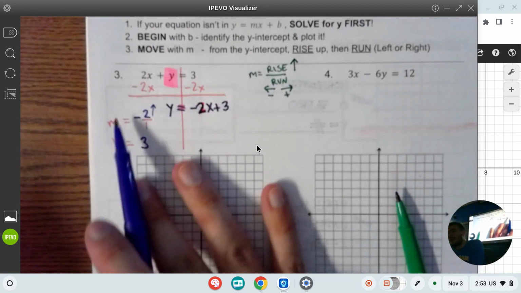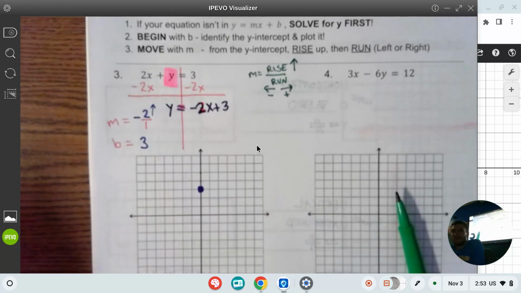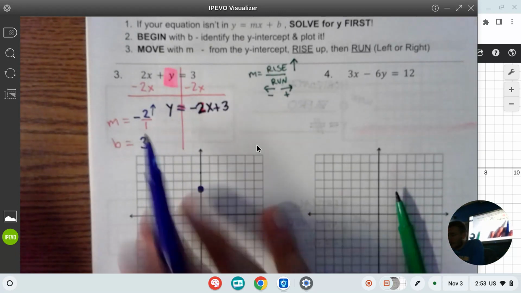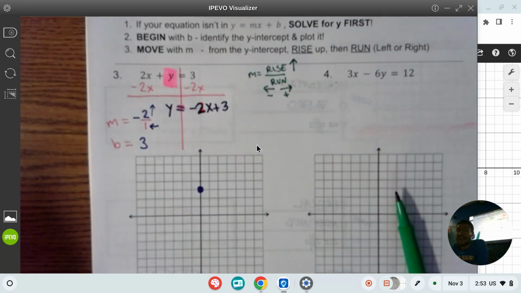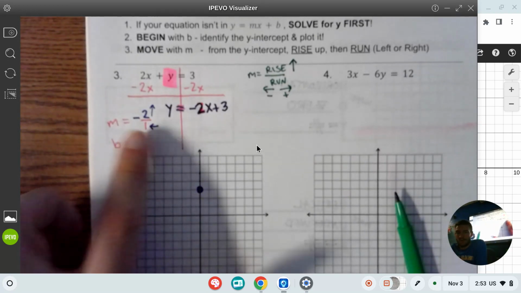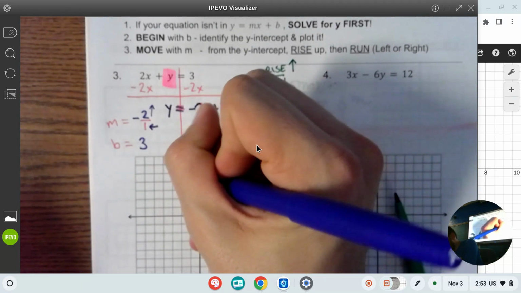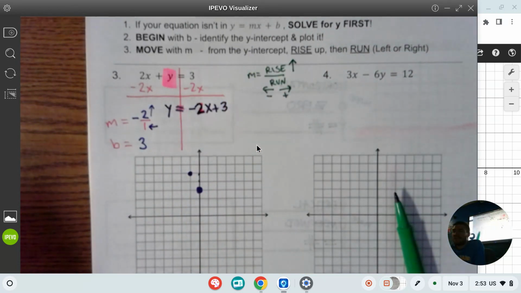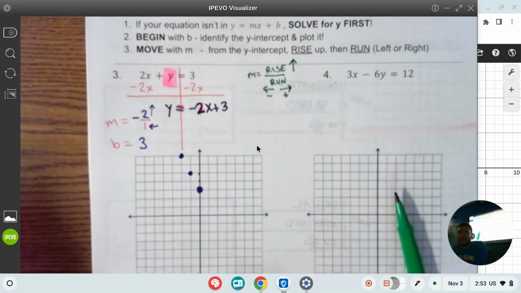Then I'm going to look around for my negatives. I see that I have a negative in front of the 2. And so I'm going to go left because I have a negative. If I have any negatives, it's a left. So I'm going to go 1, 2, left 1. And then just do it again. 1, 2, left 1. There you go.